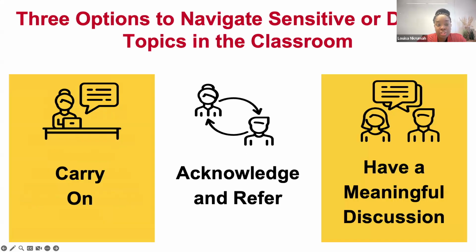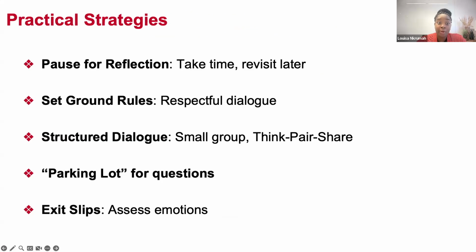And then in addition to these three options here, I also wanted to share some other practical strategies that can help you navigate sensitive topics. The first one is to pause for reflection, especially when you're caught off guard, to even think about which of those three options I shared previously will work best for you.